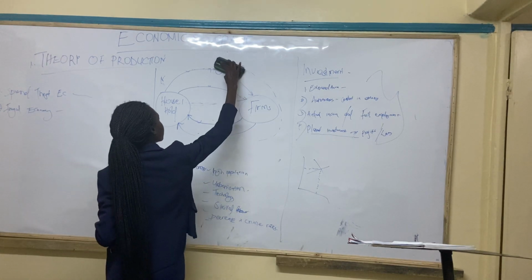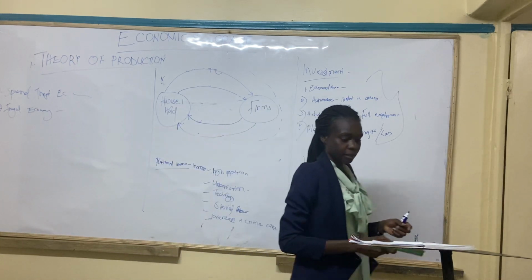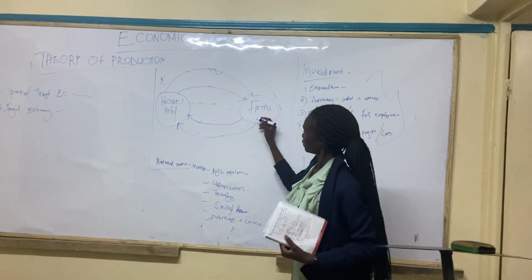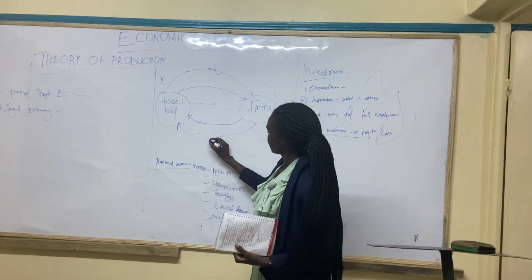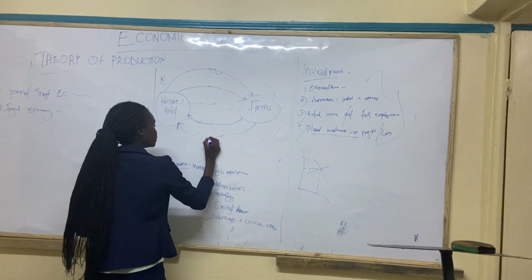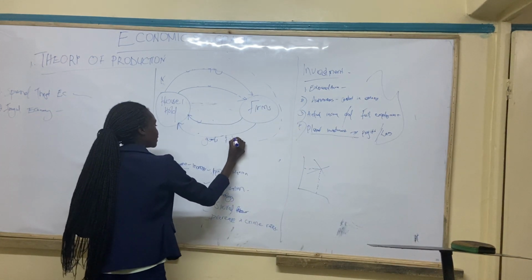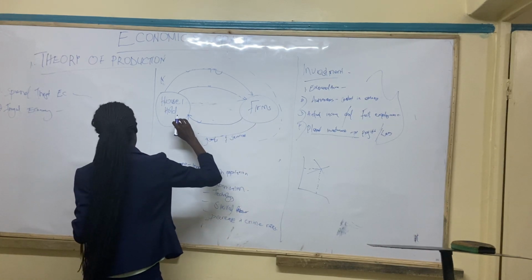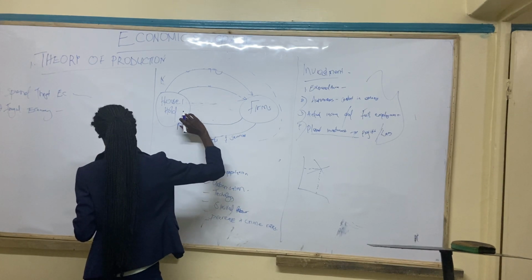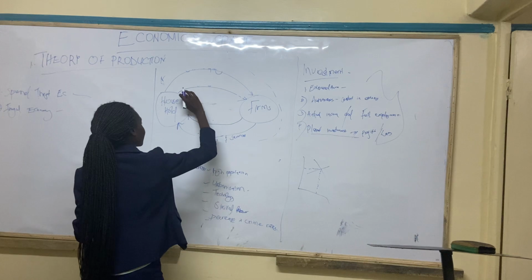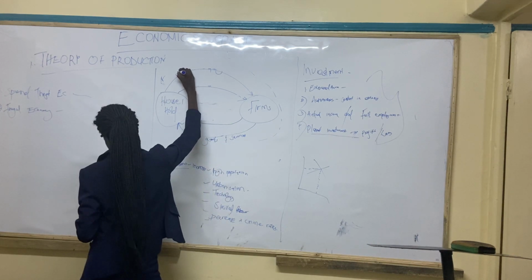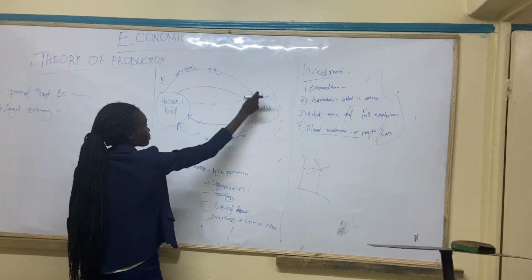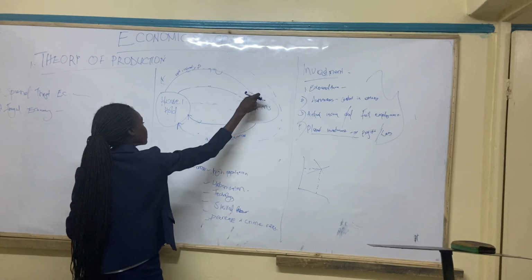So on these income models, farms produce goods and services to the households. So when farms produce goods and services, the households pay. So they pay rent, interest, and they make profits to the farms.